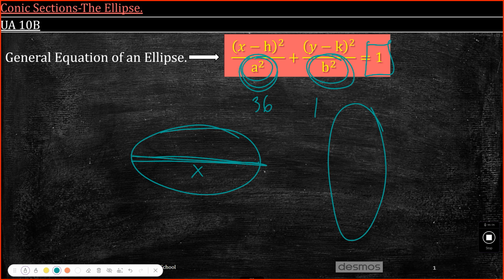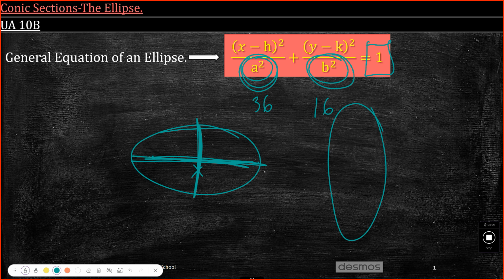Let me go with 16. So if this is 16, it is because along the x, the number is bigger. Then on the y, the number is smaller, because this is shorter.